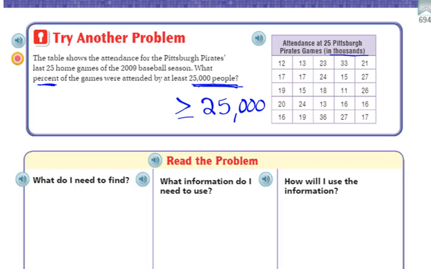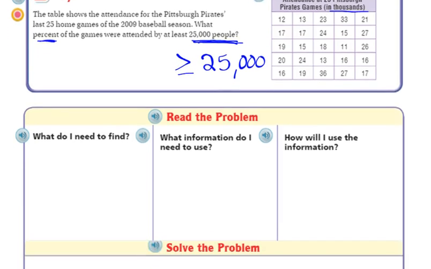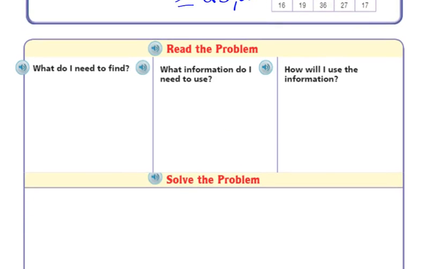We're going to have to find a way to get this organized and find a percent from that. Let's scroll down and answer our questions. What do I need to find? I need to find the percent of games with at least 25,000 people. So I'm going to find the percent.